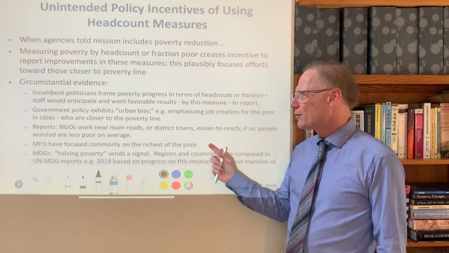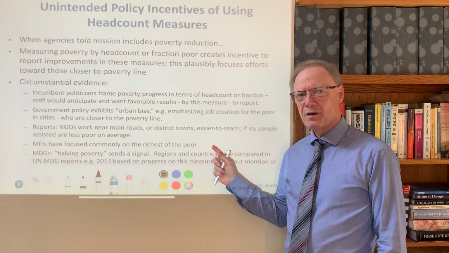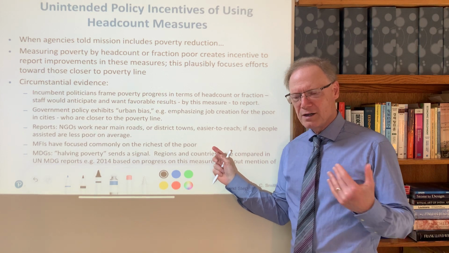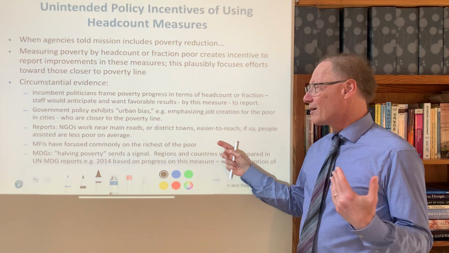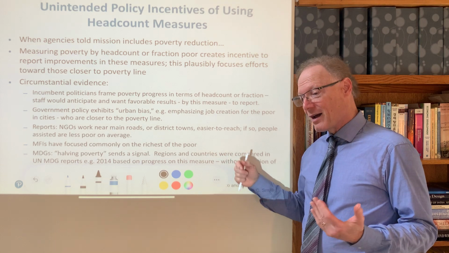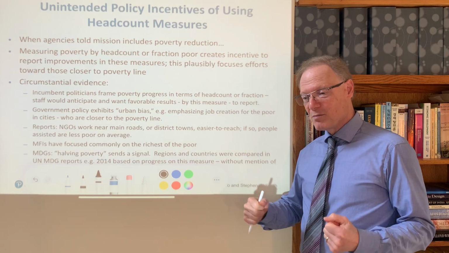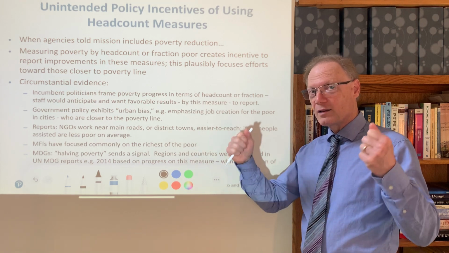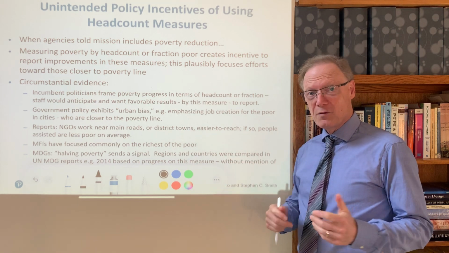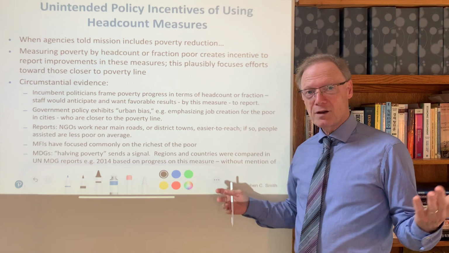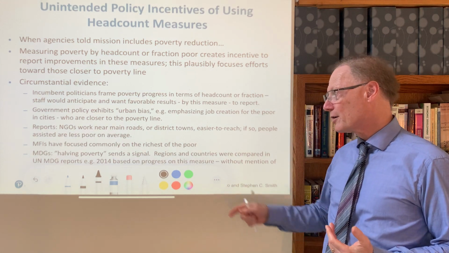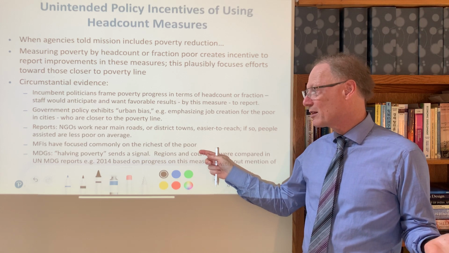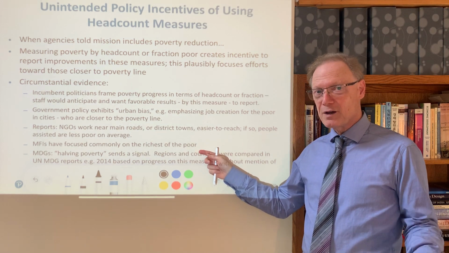Moreover, if you look at what NGOs do, they often set up shop, for example, if not in cities, then in rural areas, but near roads. And so those are easy to get to. However, as you can imagine, people who live near roads are likely to be better off, even if poor, likely to be closer to the poverty line. For example, it's easier to get to market, just to name one kind of obvious factor. Microfinance institutions have commonly focused, according to some data, on the richest of the poor.